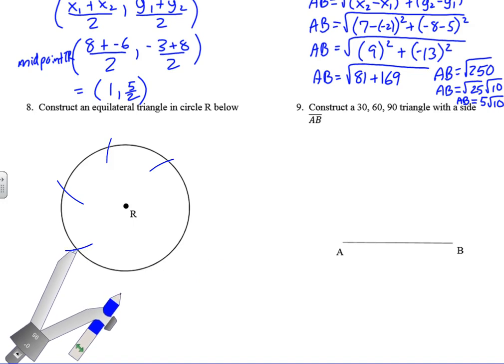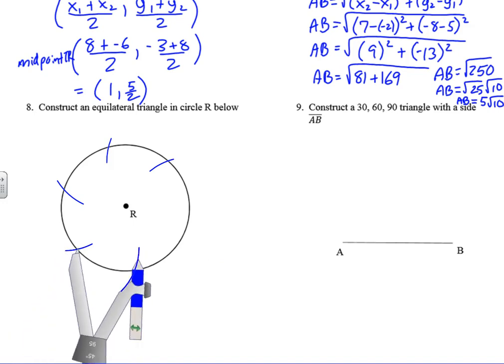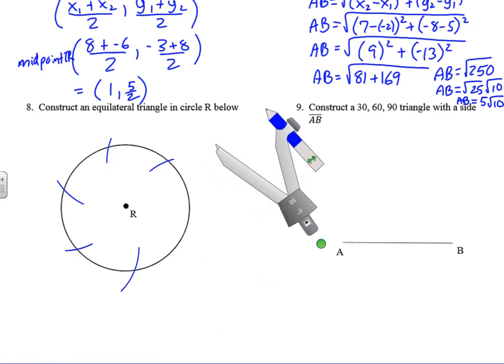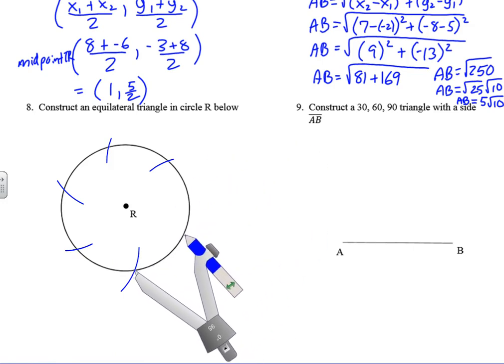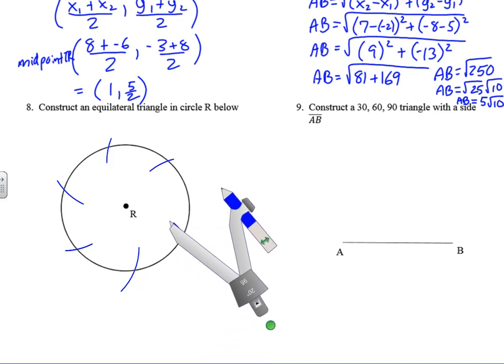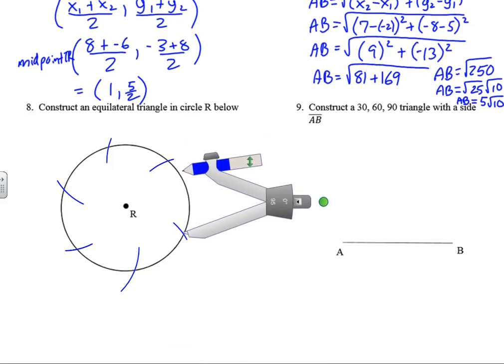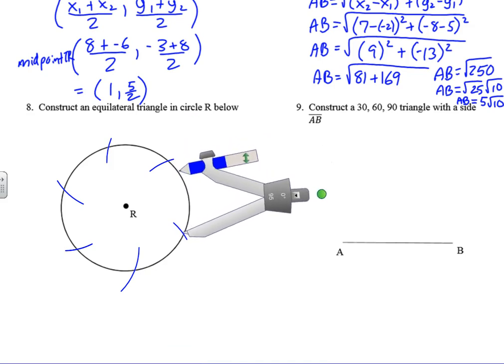So if we do it correctly, we should get 6 evenly spaced markings around the edge of our circle. Let's see how I did. Am I close, or am I off a little bit? I'm off a little bit. That's okay. I'm not worried about it. And then I take this and I just connect every other one with a straight edge.